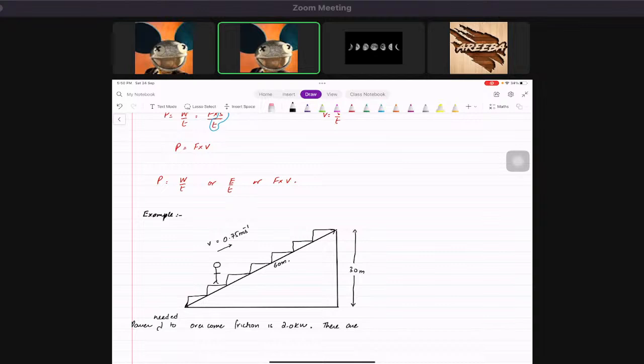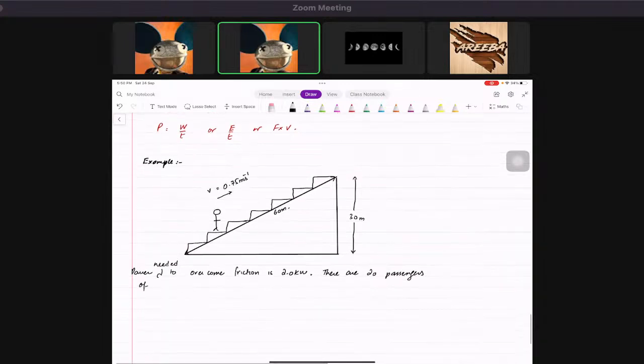There are 20 passengers of 60 kilograms each.